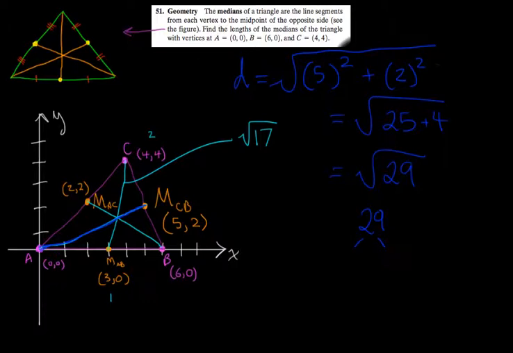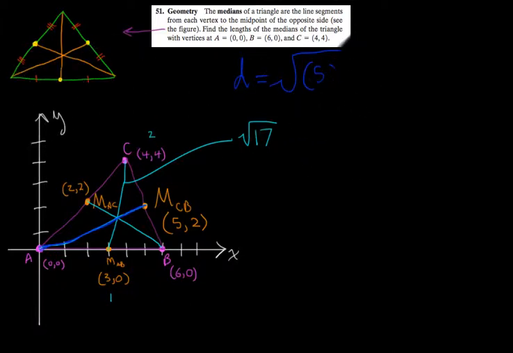Square root of 29 is all we're going to leave it as. So this distance is square root 29. These are some weird lengths here.